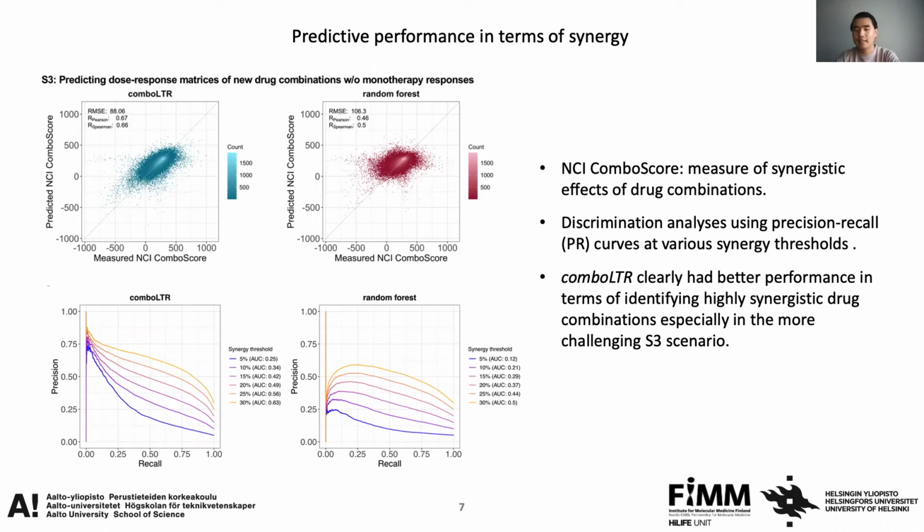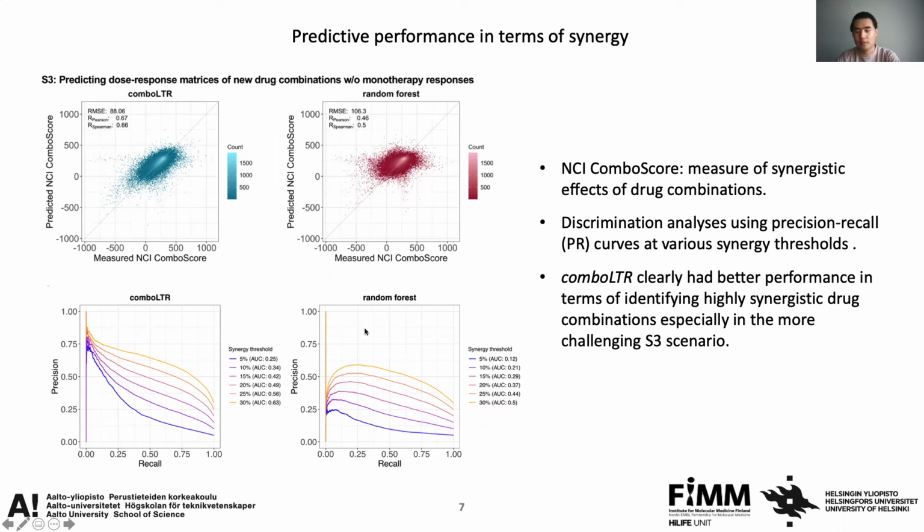We calculated the NCI combo scores from complete, measured, and predicted dose response matrices, and used the scores to evaluate how well the methods can identify synergistic drug combinations. The two scatter plots above showed the correlations of measured and predicted NCI combo scores for ComboLTR and random forest in the S3 scenario. And we can see that ComboLTR clearly outperformed random forest with a much higher Pearson correlation.